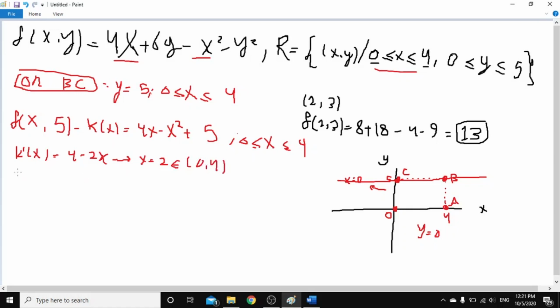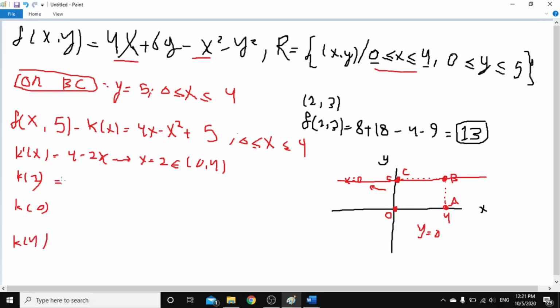So from here, we need to find 3 answers: k of 2, k of 0, and k of 4.